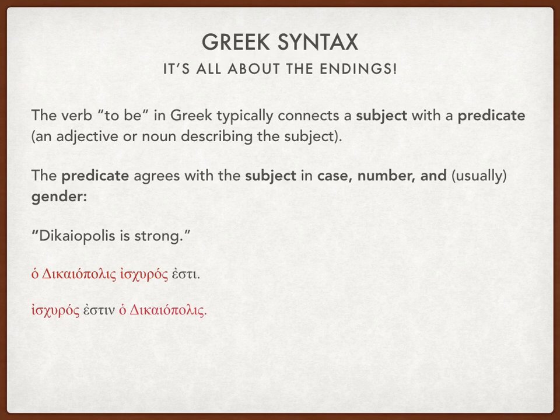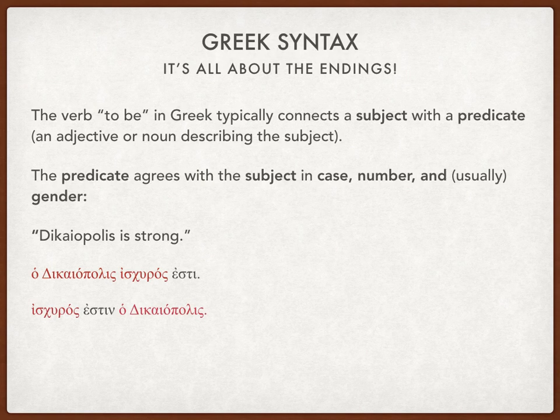All I have to do to make them match is make sure they're in the same case. Since Dikaiopoulos is the subject of the verb, he's the one existing, he is, I'm going to use the nominative case for both. So, one example, ho Dikaiopoulos iskhuros esti. Dikaiopoulos is strong, that means.